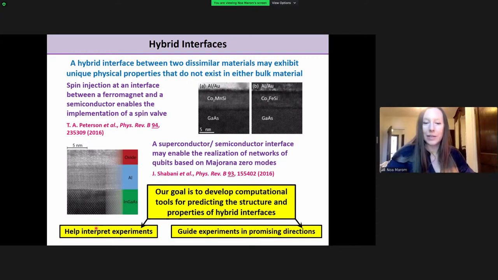And then another useful thing is, the space of materials that you can use to make interfaces is very large. And so we can have many possible interfaces. So with simulations, we can help experimentalists determine which interfaces might be worth pursuing.